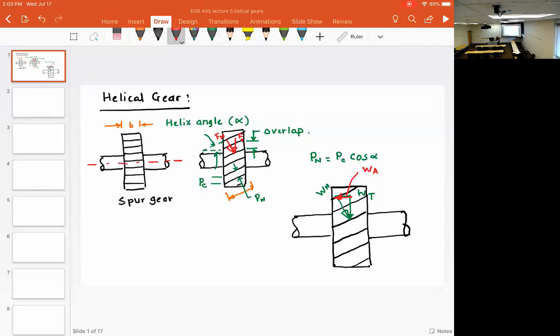Now, the helix angle alpha can vary anywhere between 20 degrees to 45 degrees. This is the variation of the helix angle.